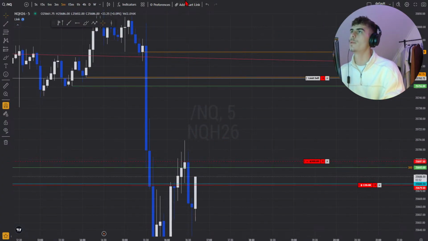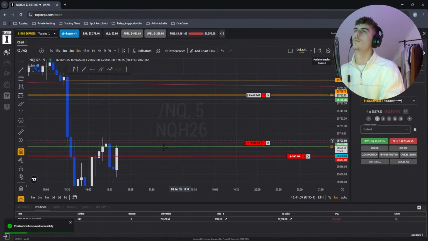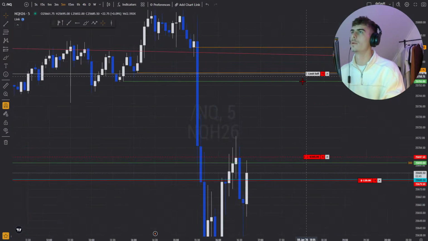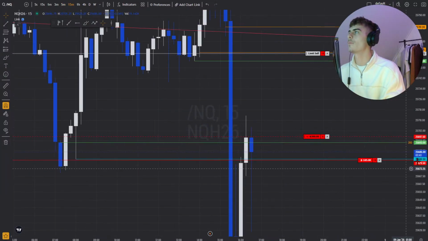Going a little bit up, so moving towards our, see, we're even taking this polarity right now. That's crazy. And now we need to move short.